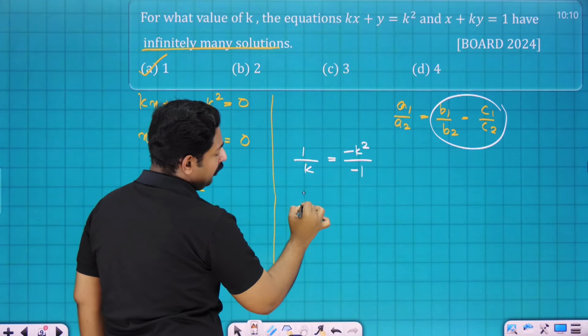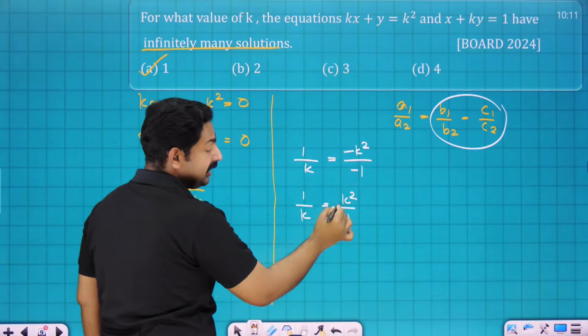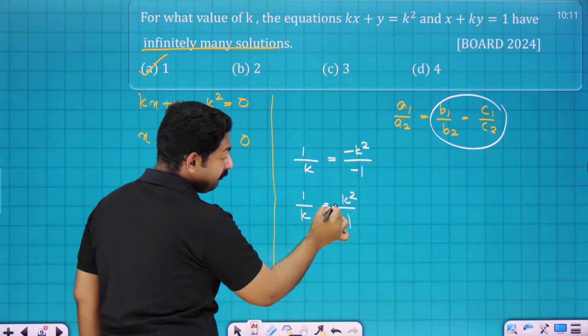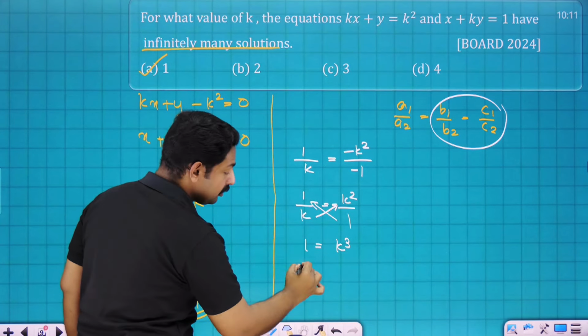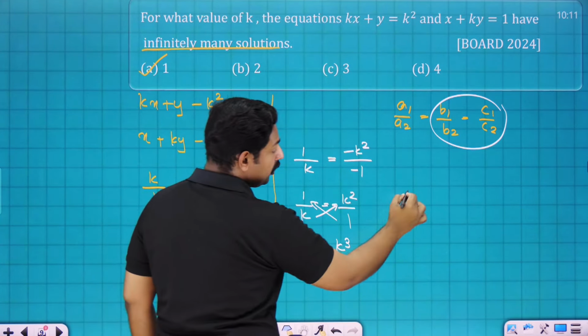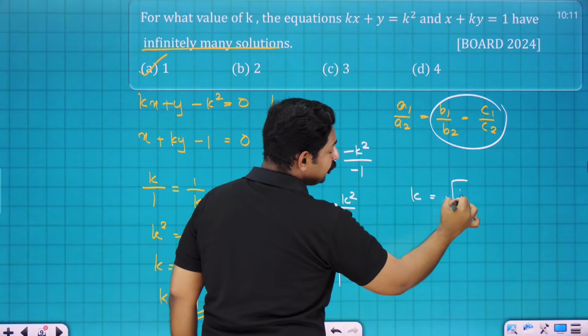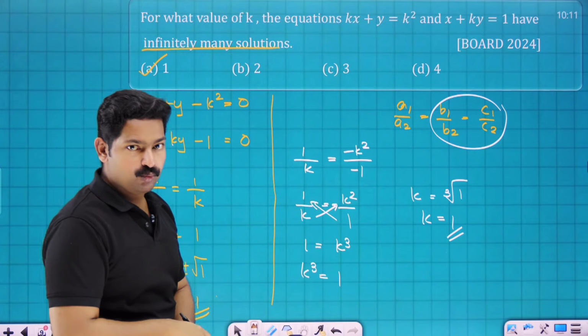Which means 1 by k is equal to, minus and minus got cancelled, k square by 1. If you cross multiply, you will get 1 is equal to k cube, or k cube is equal to 1. Then what is the cube root of 1? k is equal to cube root of 1, which is equal to 1. So here the value of k is equal to 1.